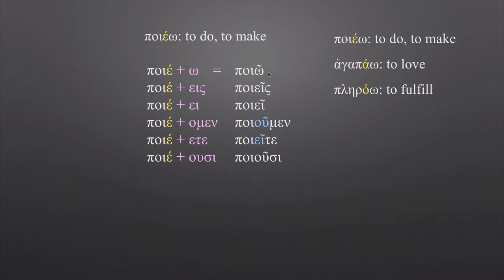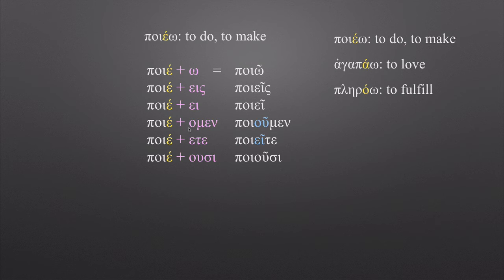So if it's an epsilon contract verb, epsilon and omega are going to combine to give you poio. That's what the verb I make or I do actually looks like when conjugated. Poie plus eis is going to give you poieis. Poie plus ei, poiei. So far, those all look exactly like, except for the accent, what we're familiar with. But there will be some variation.